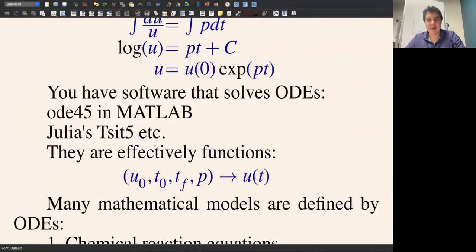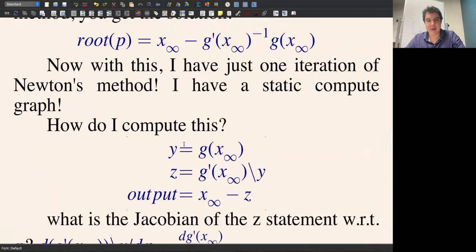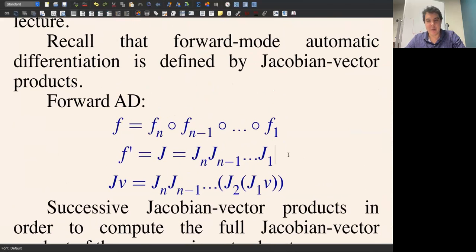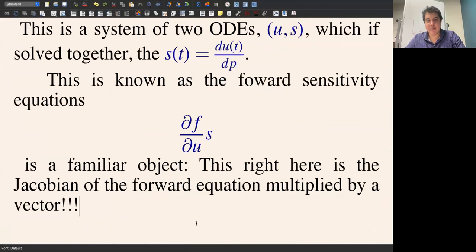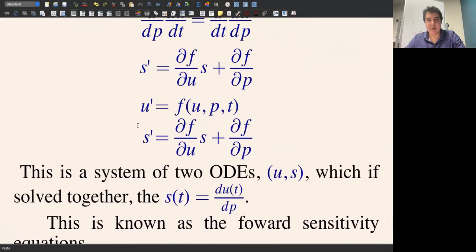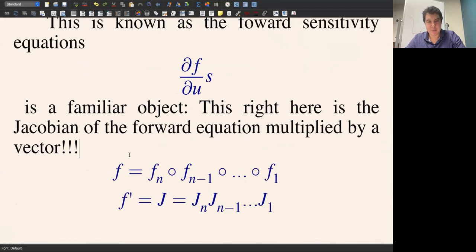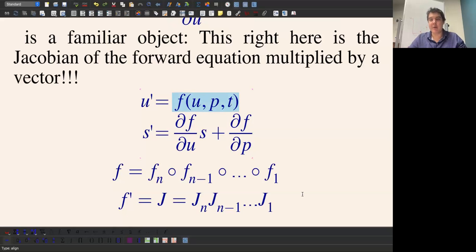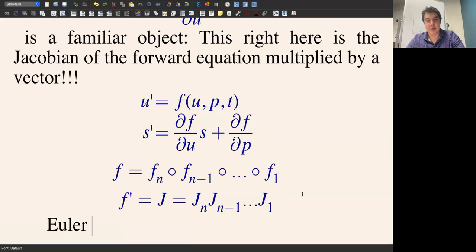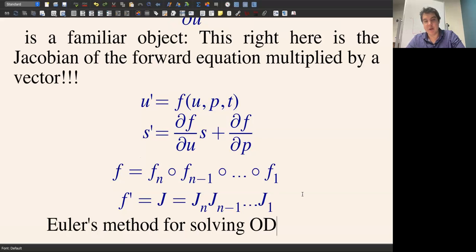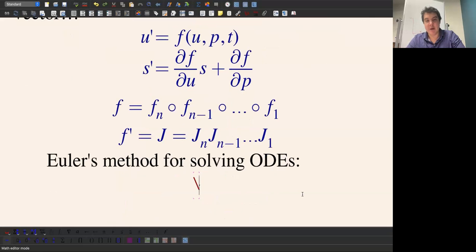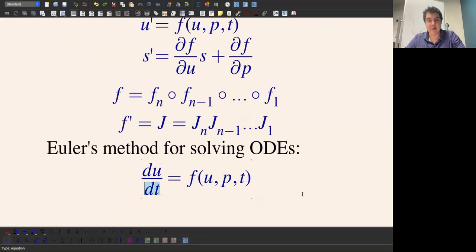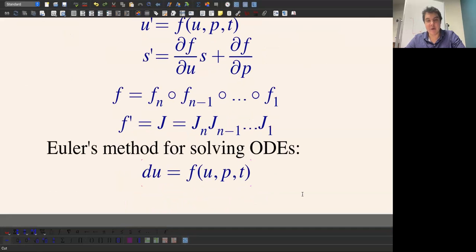Right. So if you think about it back in this form, this is basically what we did. Let me put these two side by side here. You have an ODE solver. If you think about Euler's method for solving ODEs, what you would do is you'd say du/dt equals f of u, p, t.